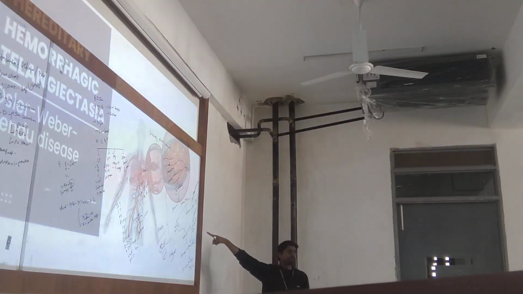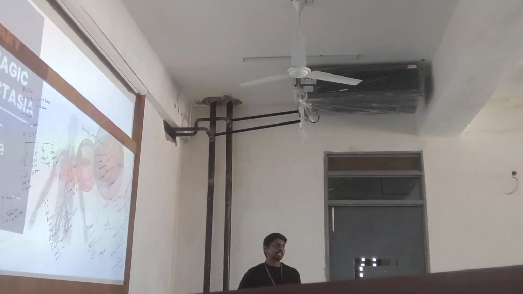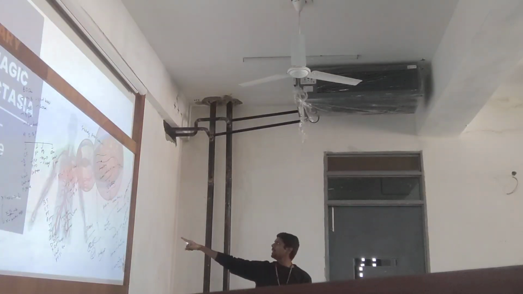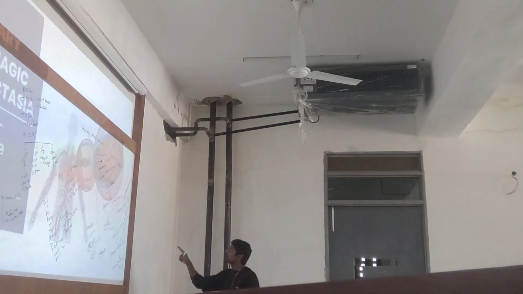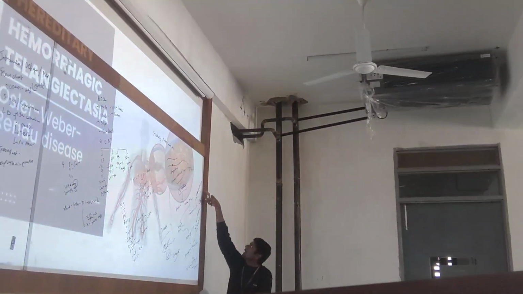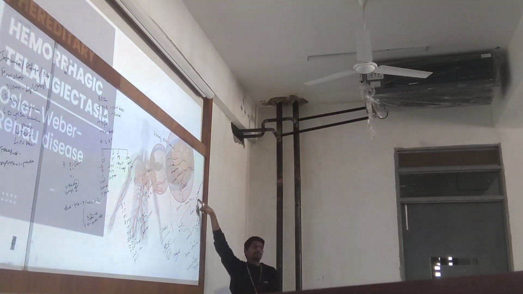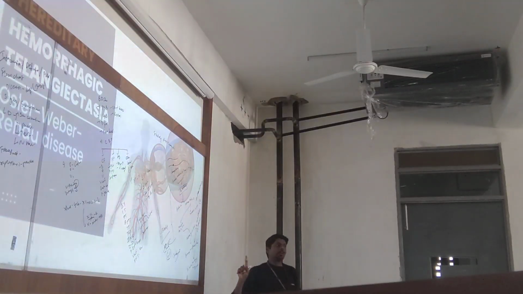Alpha 2 antiplasmin and macroglobulin will inhibit fibrinolysis. Fibrinolysis is inhibited by alpha 2 antiplasmin and macroglobulin along with tissue plasminogen activator inhibitor.